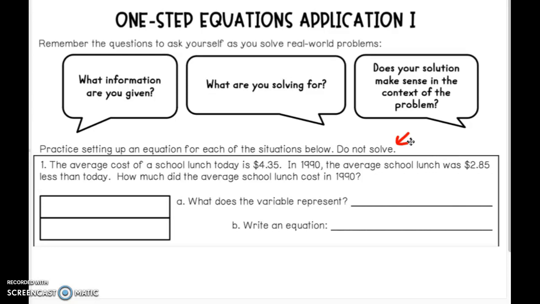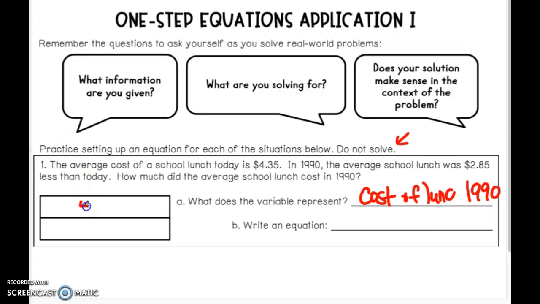In 1990, the average school lunch was $2.85 less than today. How much did the average school lunch cost in 1990? All right, so we're going to start at the top here, and our variable is going to be the cost of lunch in 1990. So that's what we're looking to find, okay?